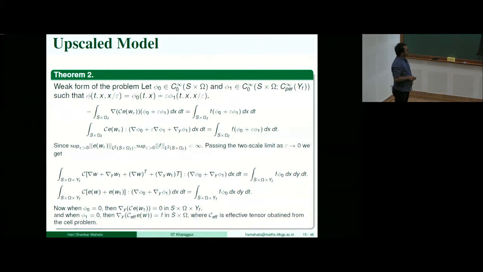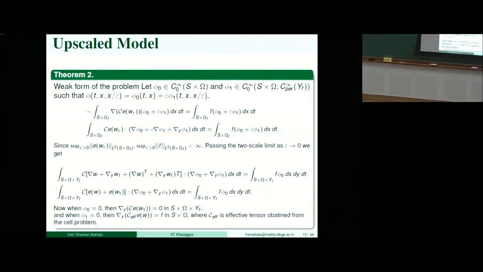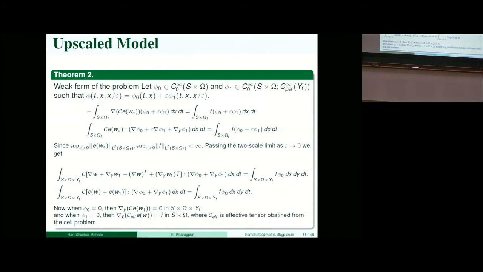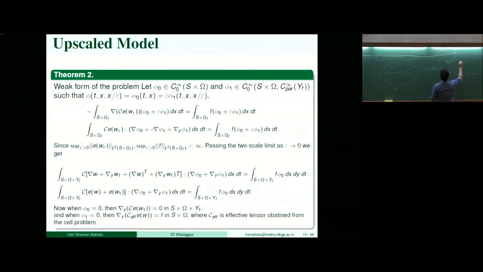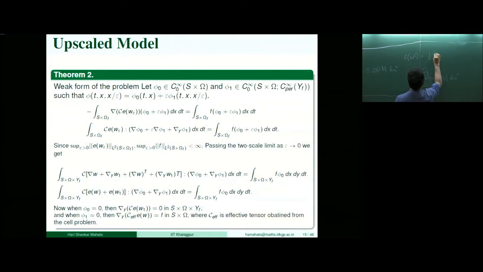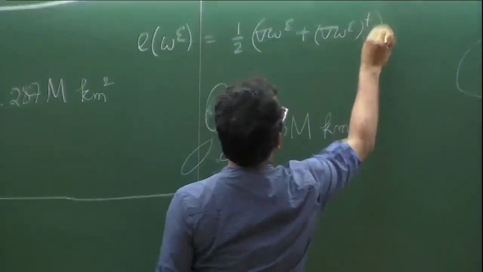And you can visualize in this way that E of W epsilon is basically 1/2 gradient of W epsilon plus gradient of W epsilon transpose.